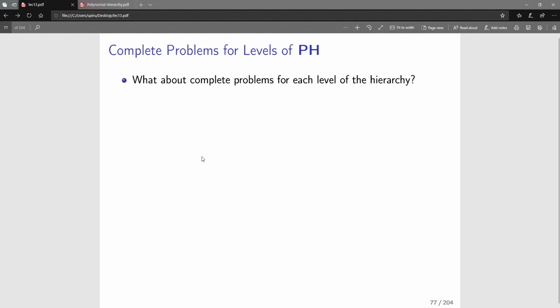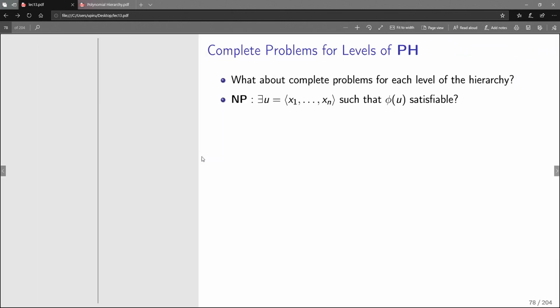I don't think we can define more practical problems beyond sigma 3 or 4, but in general, theoretically we can always define our sigma complete problems. So what about the complete problems for each level of the hierarchy?